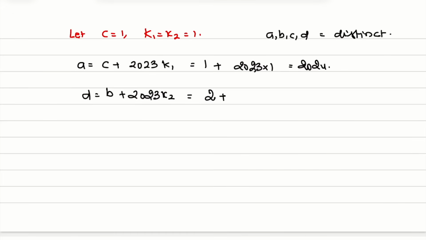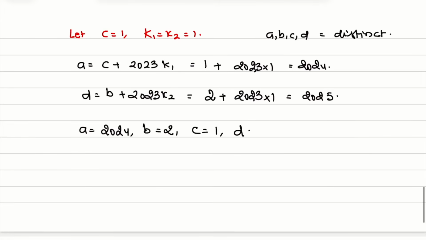But the minimum value of 2023 into K2 can be 1. There is no restriction for K2 to be minimum. Then it will be 2025. That means A is equal to 2024, B is equal to 2, C is equal to 1 and D is equal to 2025.